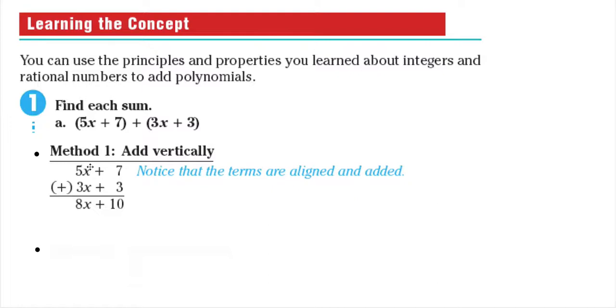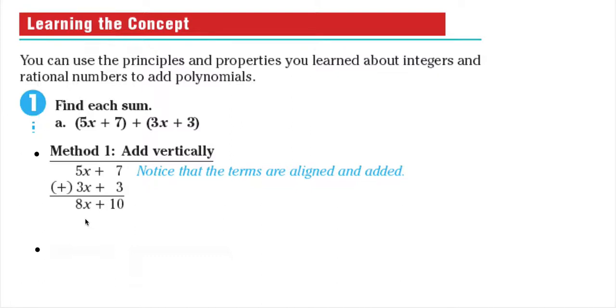They have the same variable and the same exponent 1. They only differ by the coefficients. That means we can add them. Now I have 5 plus 3 equals 8. And since 7 and 3 are constants, simply add 7 plus 3, end up with 10. You have now 8x plus 10.